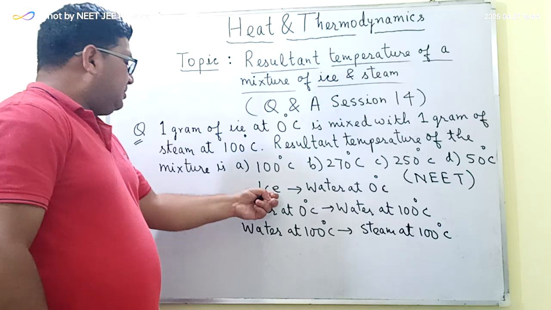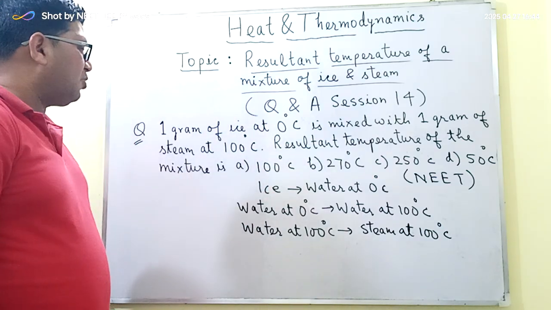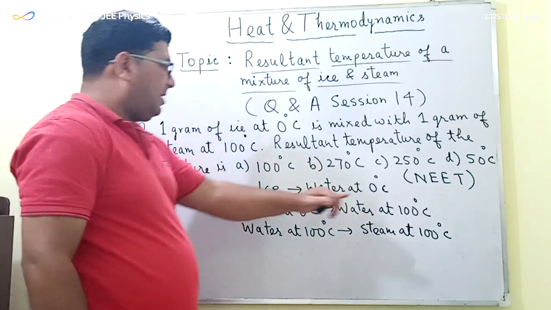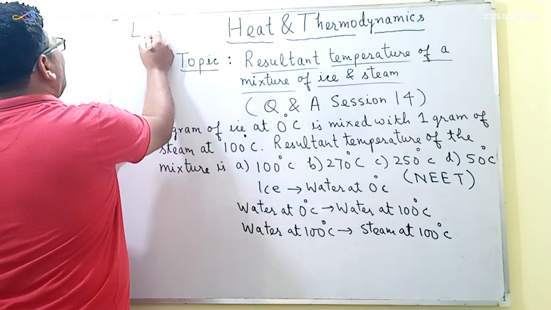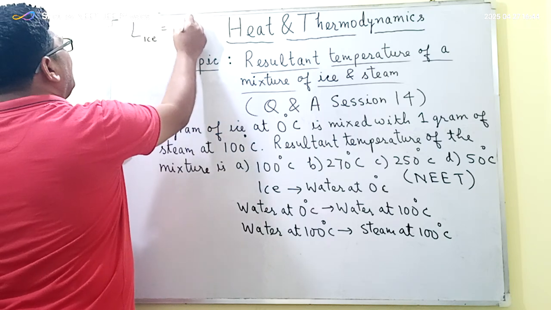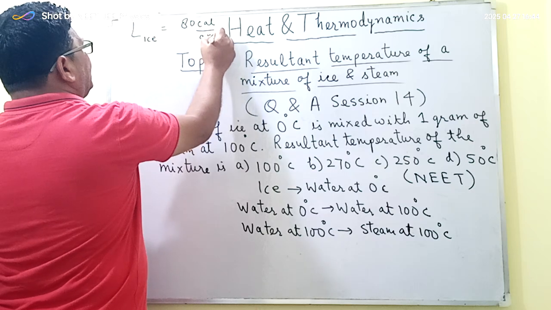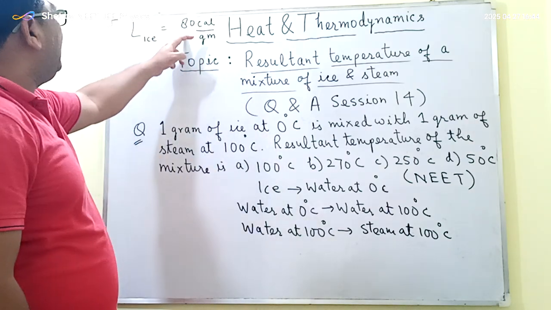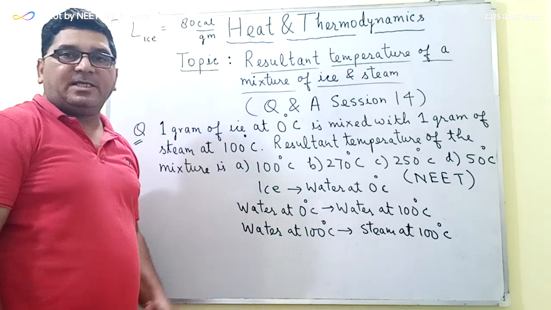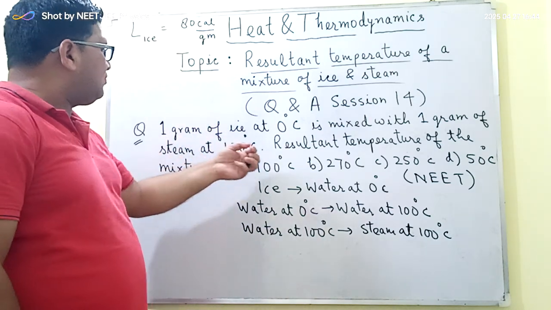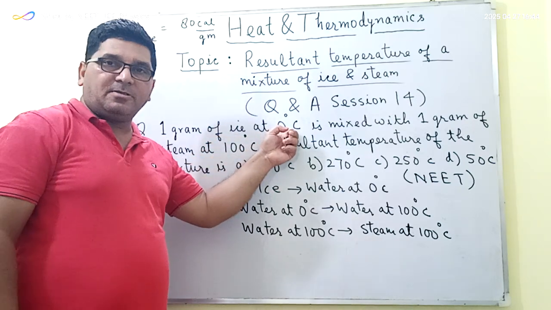So the first step is that ice will get converted into water by absorbing the heat energy from the steam at 0 degrees centigrade. Now the latent heat of fusion of the ice is equal to 80 calories per gram. That is, if I give 80 calories of heat energy to 1 gram of ice, then that ice will get converted into water at 0 degrees centigrade.